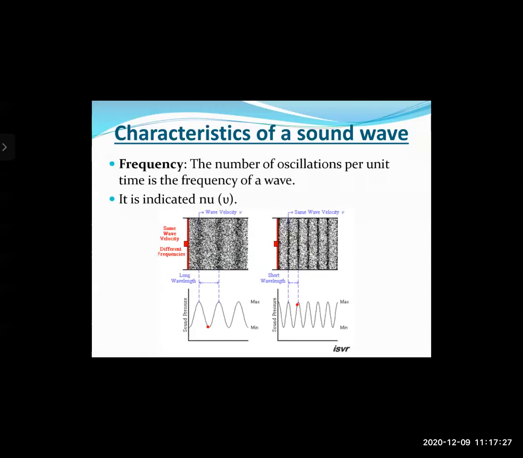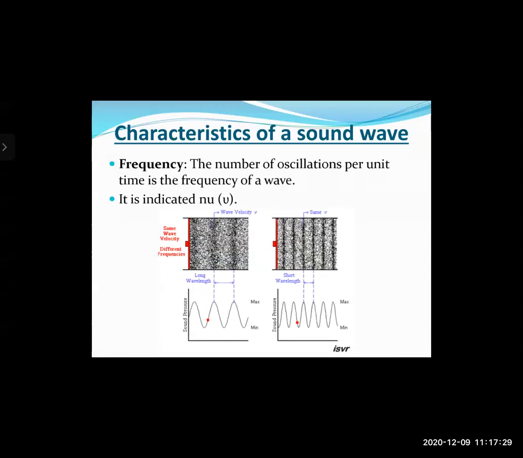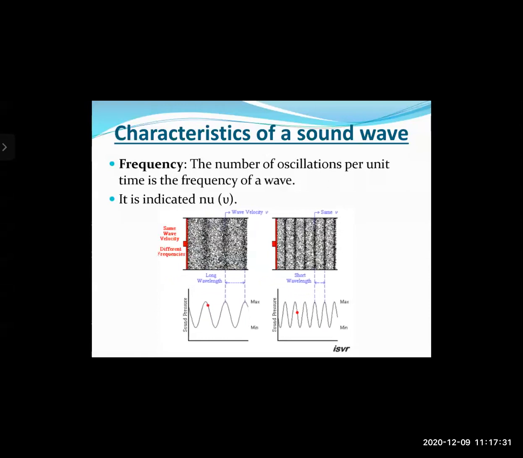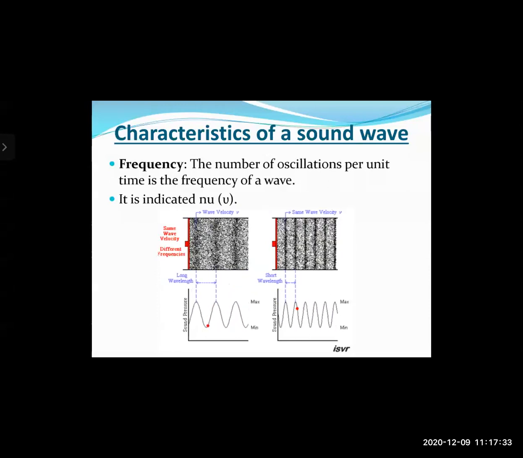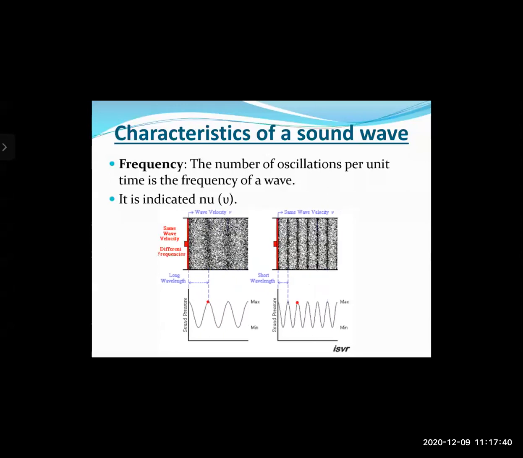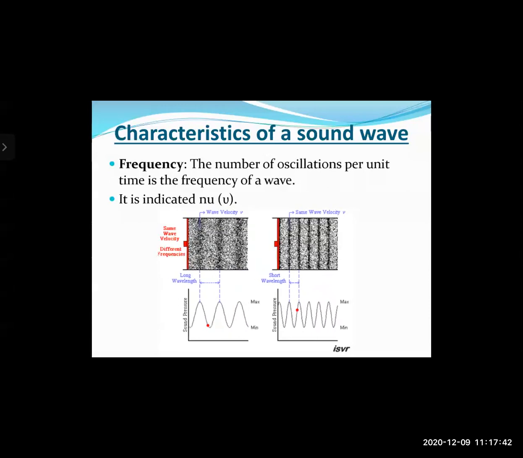Only the speed with which the particles vibrate will be different. You can see the wave velocity in both cases, the wave is moving with the same velocity, but the speed of the vibrations is different. So frequency is the number of oscillations per unit time.